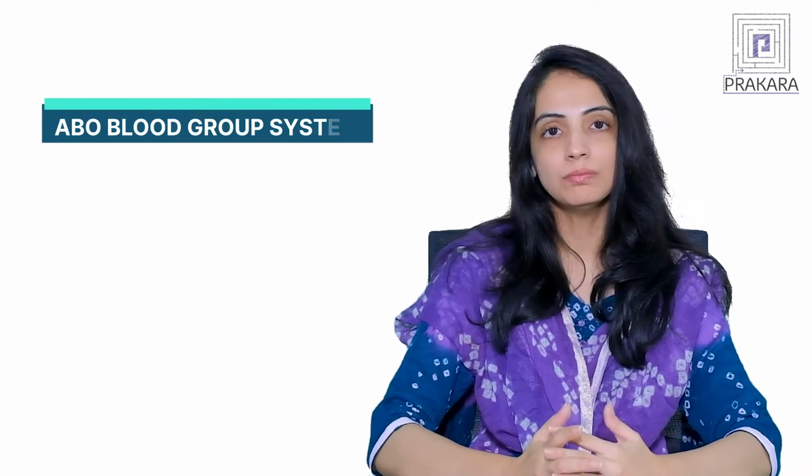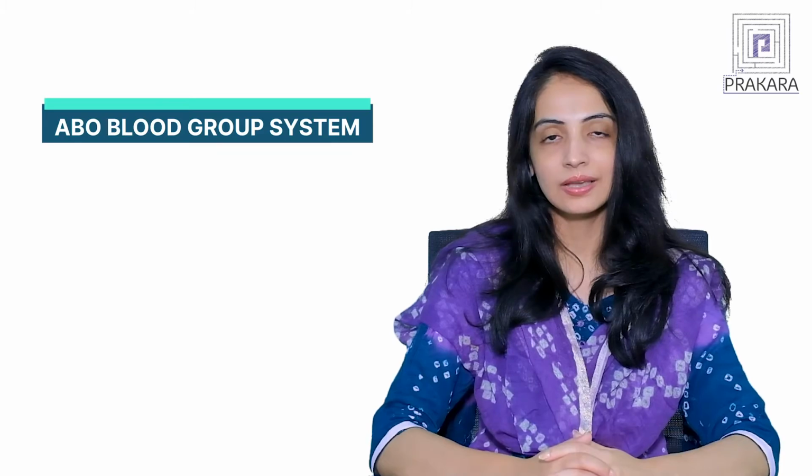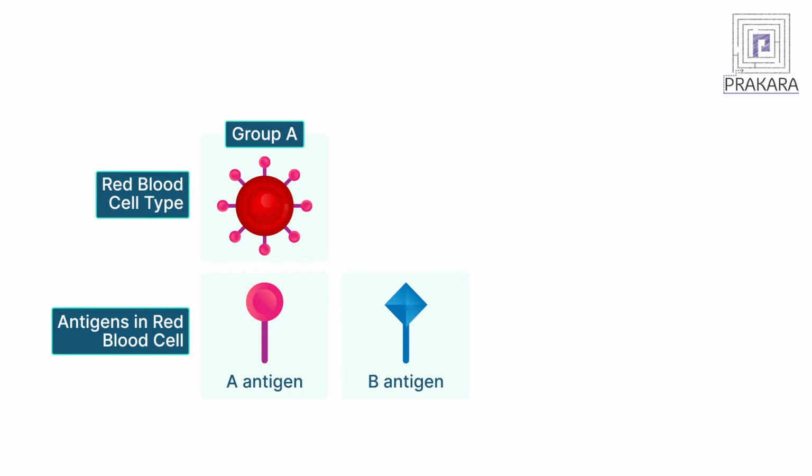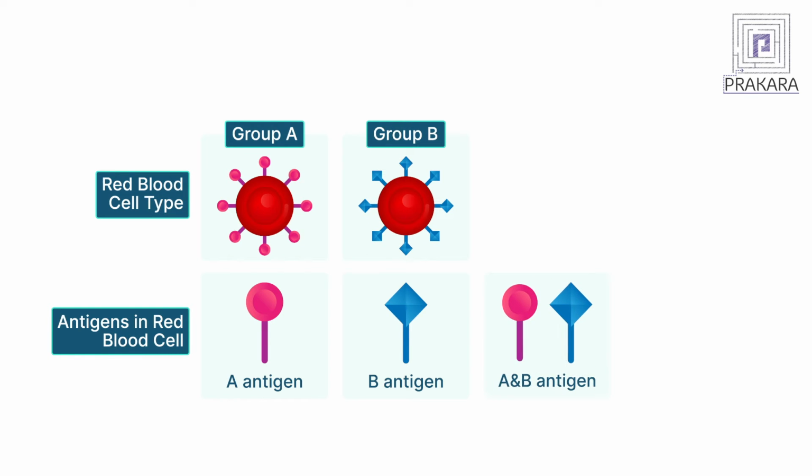The ABO blood grouping system. According to this, the blood types can either be A, B, AB or O. If antigen A is present on the surface of the erythrocyte, the blood group is A. If antigen B is present, blood group B. If both antigens A and B are present, then the blood group is AB.